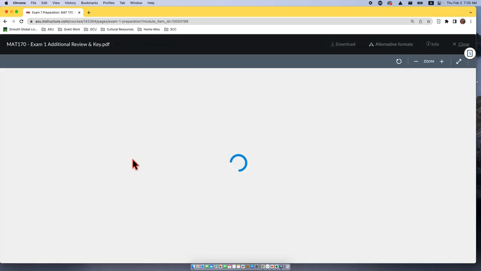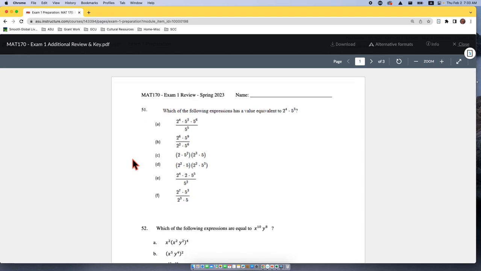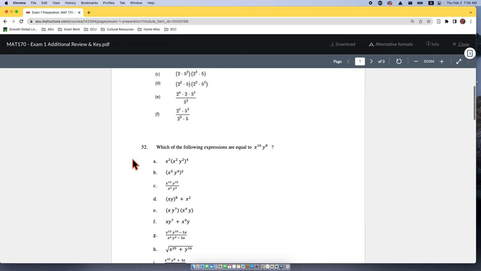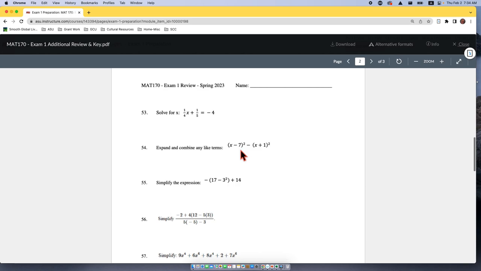Down here, we'll get into this. This time they're doing some skill-based arithmetic. Notice there aren't even any variables here. Which is equivalent to that? It's on simplifying exponential expressions, and you'll see that most of these are algebraic skill questions, with a couple of solve and expand problems, but it's all algebra, no real word problems.